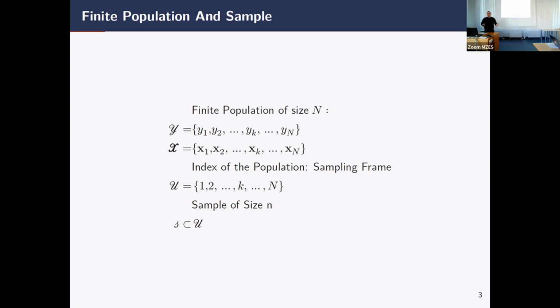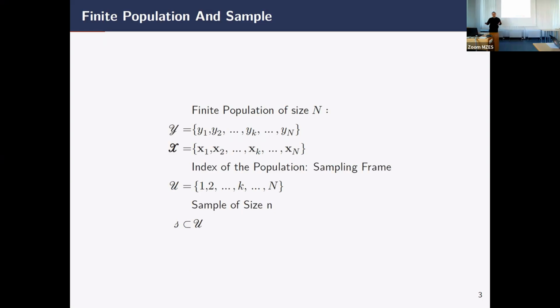Now, coming to this brief introduction of the design-based framework, what we have is a finite population of N elements. I represent here our variable of interest, y. It's just a variable which has a certain value for each element in the population.